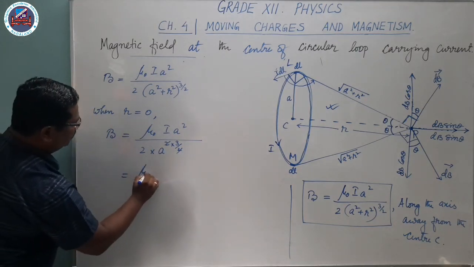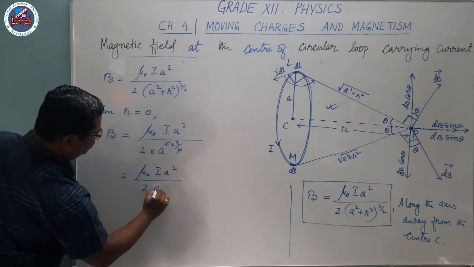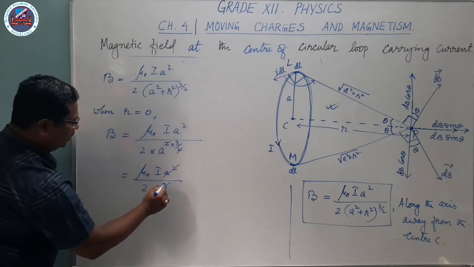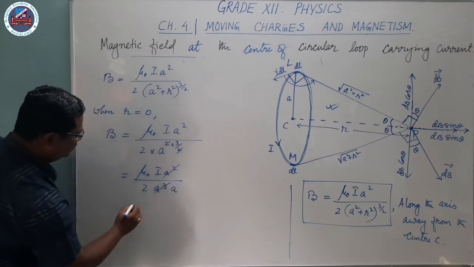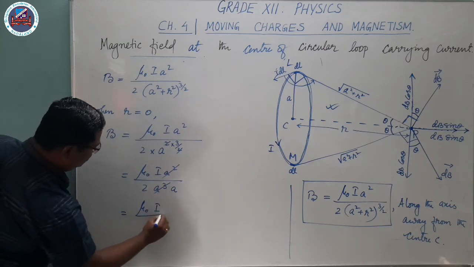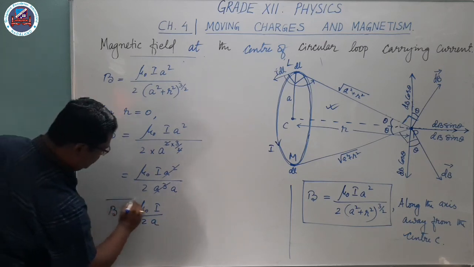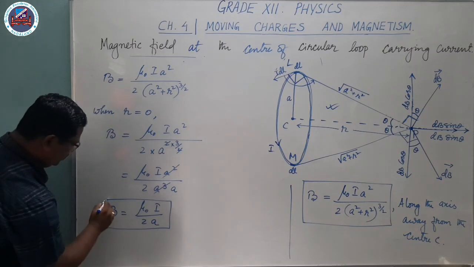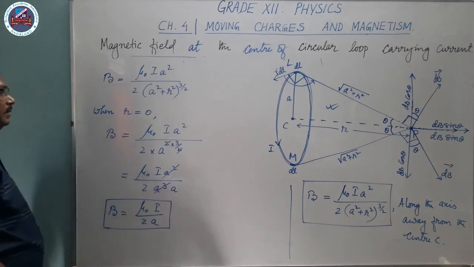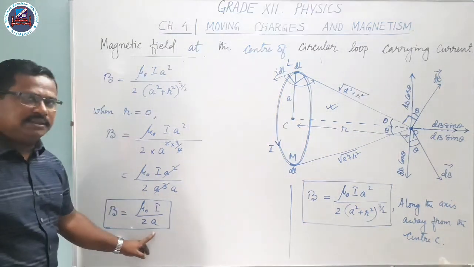You will get mu naught I A square divided by 2A cube. A square and A cube, if you cancel it, 1A will remain. So it will be mu naught I divided by 2 times A. So this is the expression for magnetic field at the center of the coil. Now here A indicates radius, remember, A indicates radius.